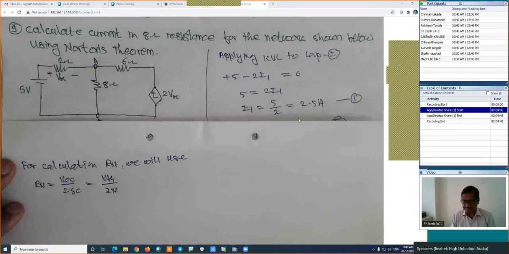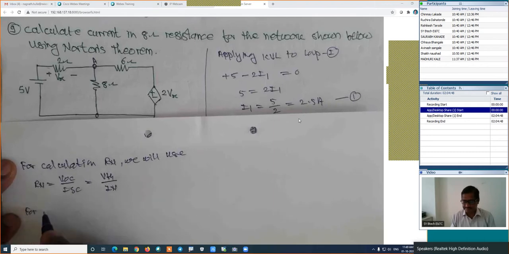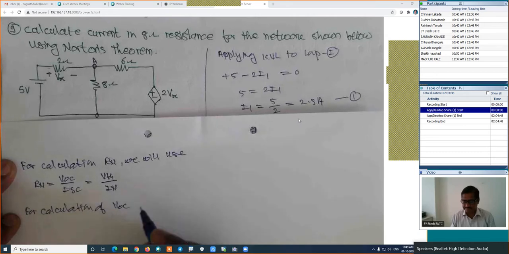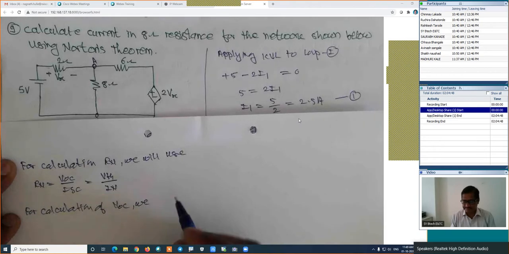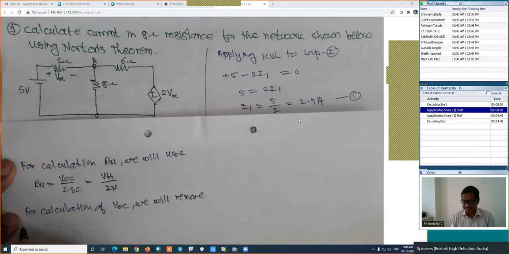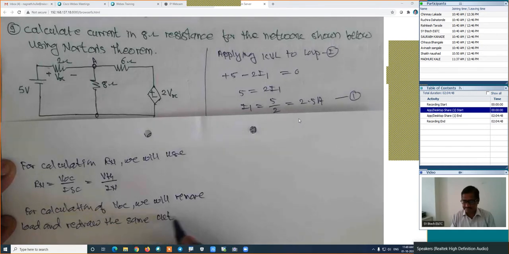For calculation of VOC, we will remove the load resistance and redraw the same circuit.